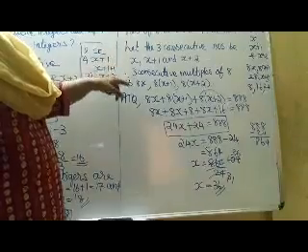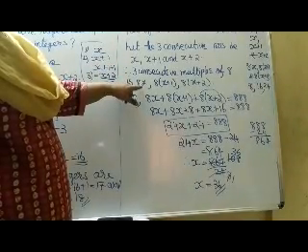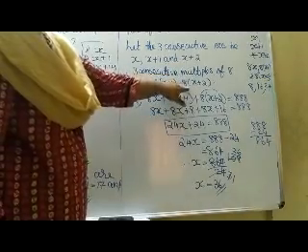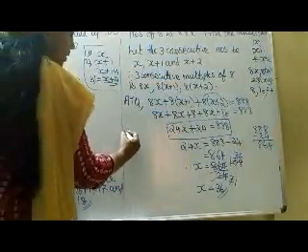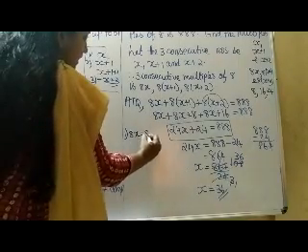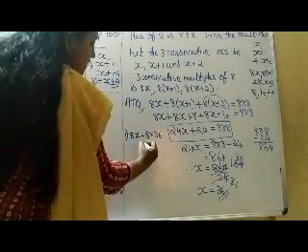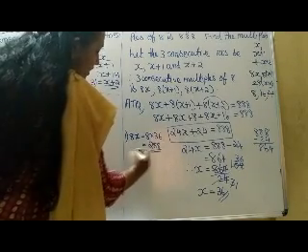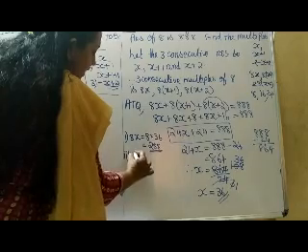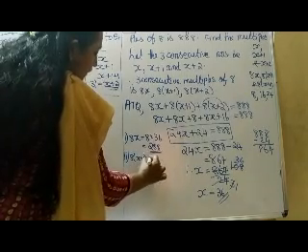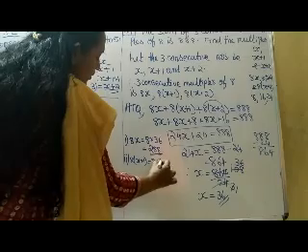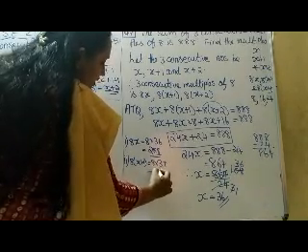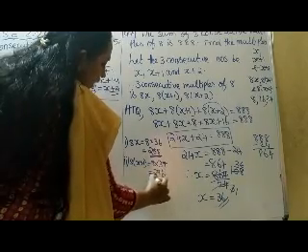Therefore, we can find the continuous multiples, which are 8x, 8 into x plus 1 and 8 into x plus 2. The first number is 8x, that is 8 into 36 gives 288. The second number is 8 into x plus 1 equal to 8 into 37 equal to 296.